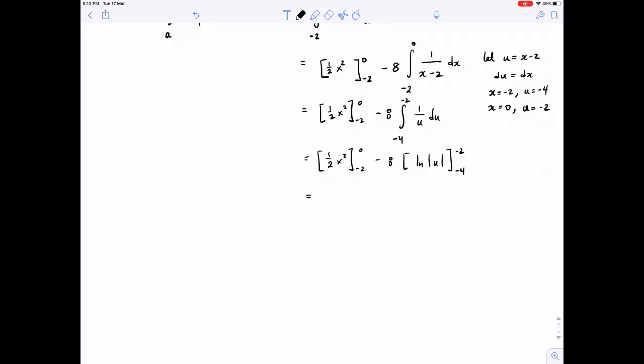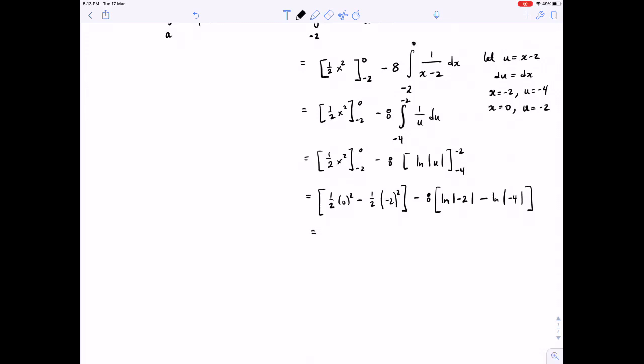So the first one here is going to be 1/2 of 0 squared minus 1/2 of minus 2 squared minus 8 times, and now we see where the absolute values come in nice and useful in the logarithm function. So again, the top value, ln of the absolute value of minus 2 minus ln of the absolute value of minus 4.